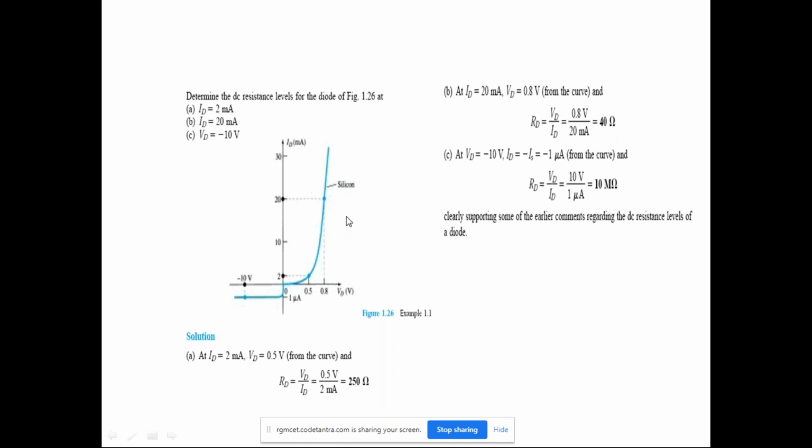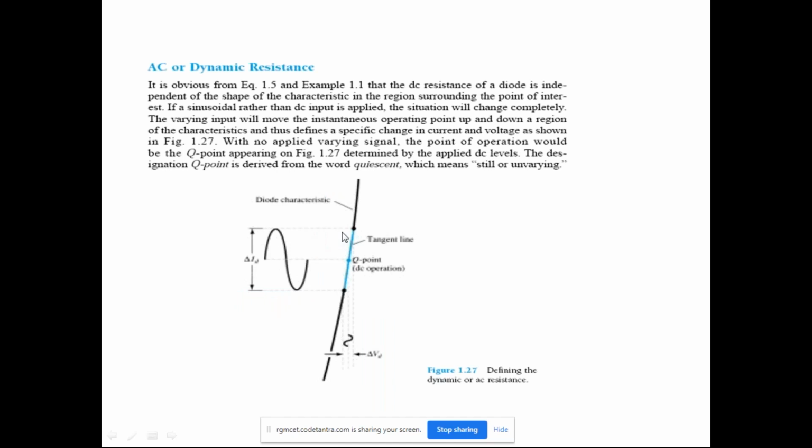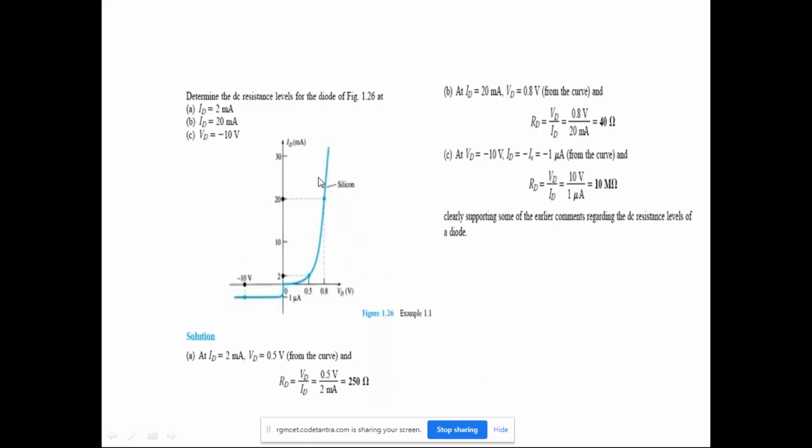In the exponential region, the diode resistance is very, very small. Now when the diode is in reverse bias, the value is 10 mega ohm, very, very large. The current of 1 microampere is very, very small, so that's why the resistance is 10 mega ohm, very large.